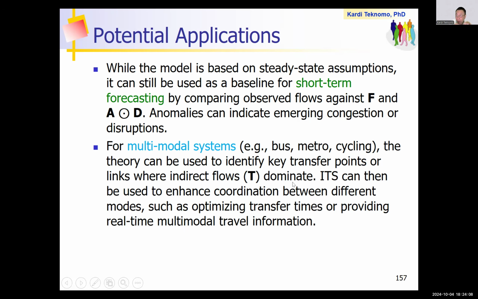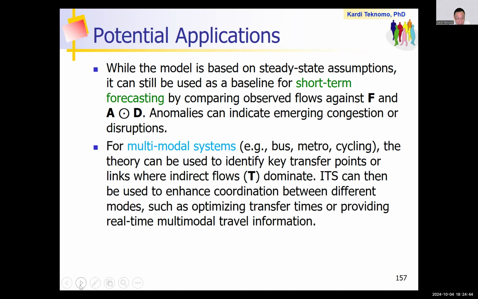So using an intelligent transportation system, you can get trajectories, then you can enhance the coordination between different modes. So you can optimize the transfer time and provide real-time multimodal travel information. The same thing: based on short-term forecasting, you can observe whether F compared to A times T, and in that case you can detect if there is any anomaly.